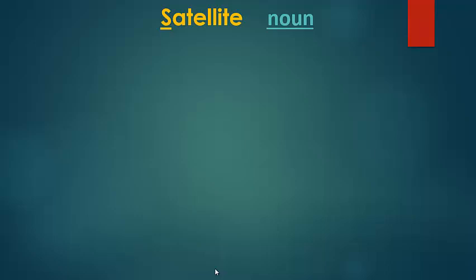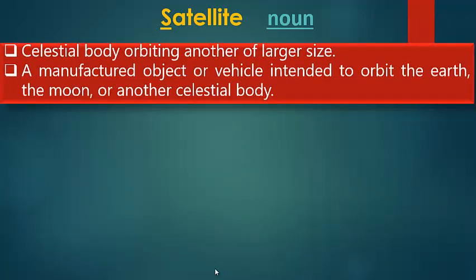Satellite. It's a noun. It means a celestial body orbiting another of larger size, or a manufactured object or vehicle intended to orbit the Earth, like satellites, artificial moons, the moon, or another celestial body.